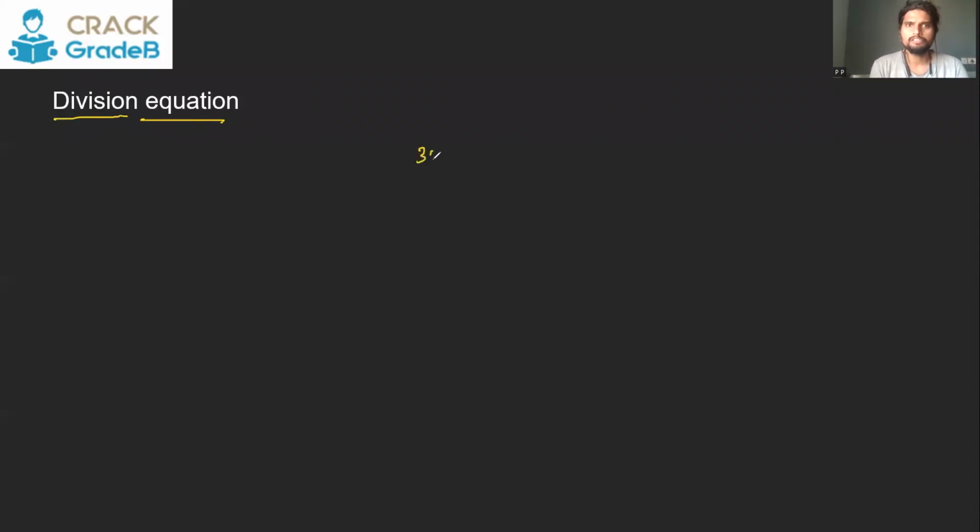For example, if I want to divide 36 by 5, I write 5 7s are 35, and then we subtract 35 from this 36. The remainder is 1. If this is the division, this is called the dividend, the capital D. This is called the divisor, the small d. This 7 is called the quotient, and the 1 here is called the remainder.